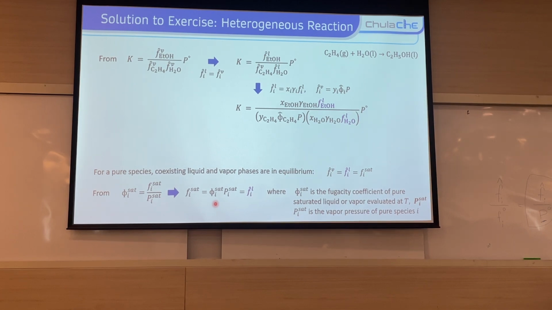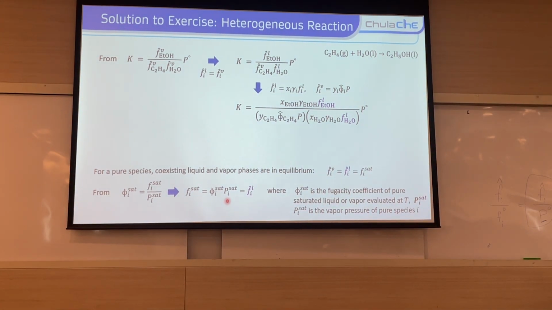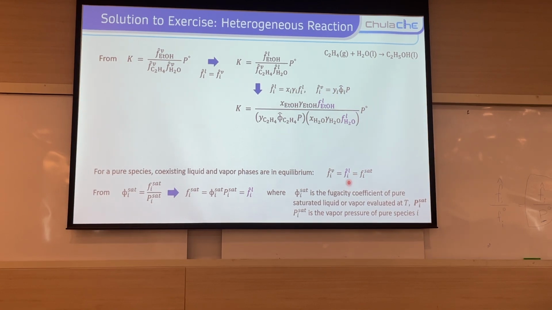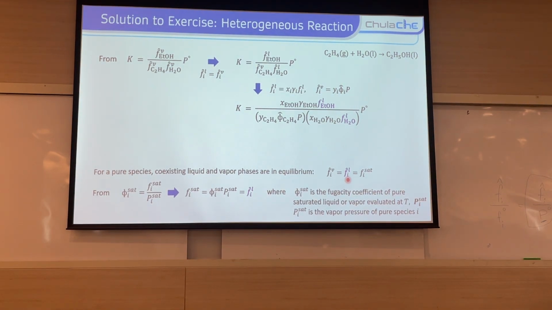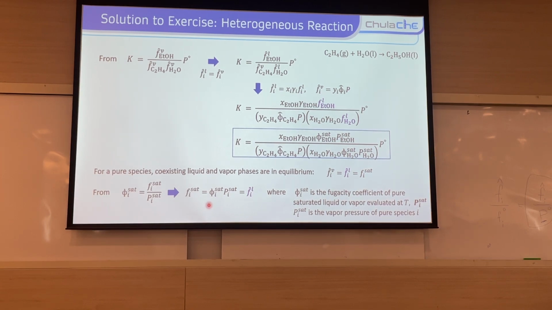Then you get the viscosity coefficient times the pressure at saturated. And this is equal to the viscosity of the water and the ethanol here. So then you can substitute the viscosity coefficient times the vapor pressure back into the equation.